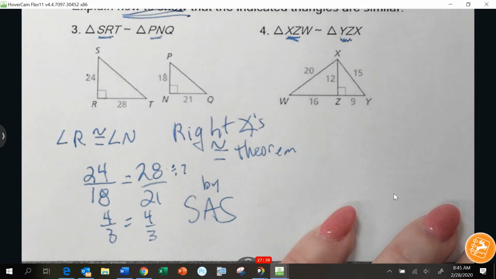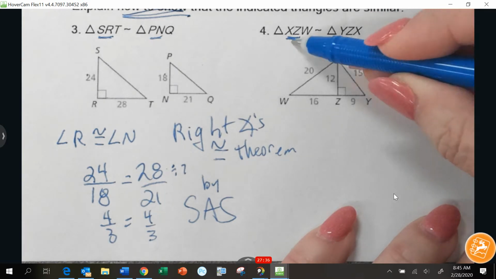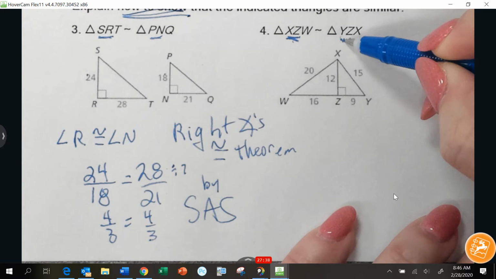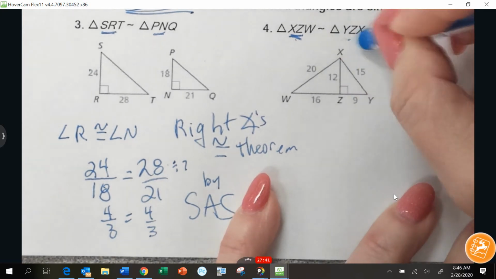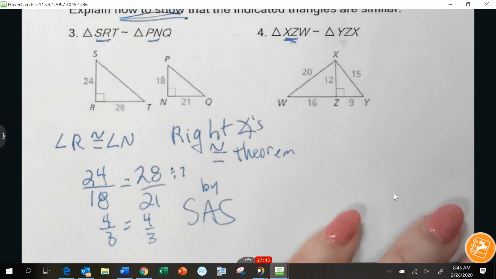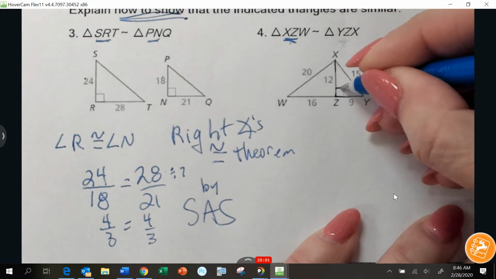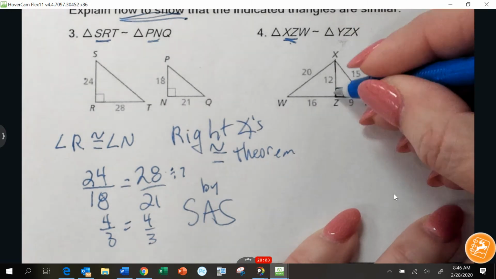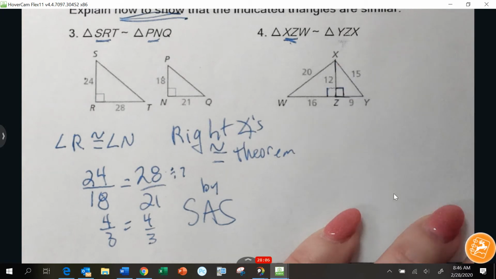Do you see where I just pointed? Does XZ correspond to XZ? No, so we're not going to look. Now, if we were doing congruency, definitely. That's okay. Yeah, so they both are right. They both are right, aren't they?